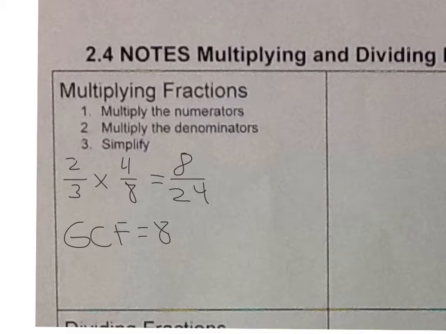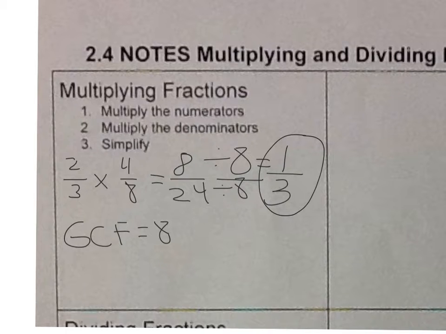So since we know the GCF is 8, we will just divide both the numerator and denominator by 8. So 8 divided by 8 is 1, and 24 divided by 8 equals 3. So 2/3 times 4/8 is equal to 1/3.